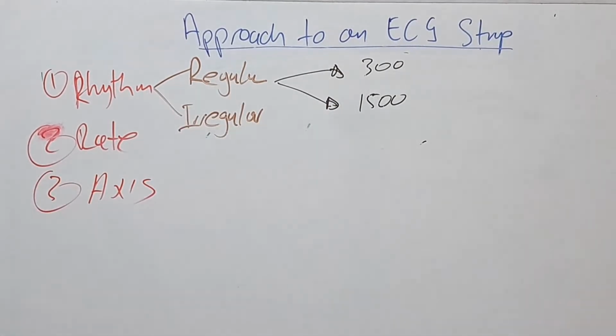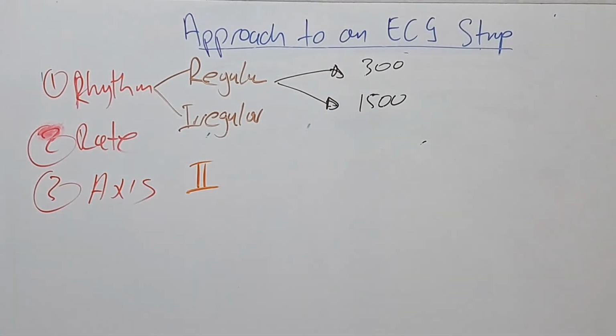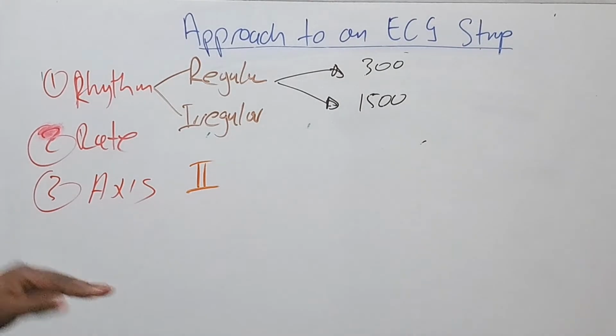Okay, now what do you do? What you must do is go to your ECG and go to the rhythm strip. The rhythm strip is nothing other than lead 2 that has been recorded for 6 seconds. There are 2 lead 2s in an ECG.